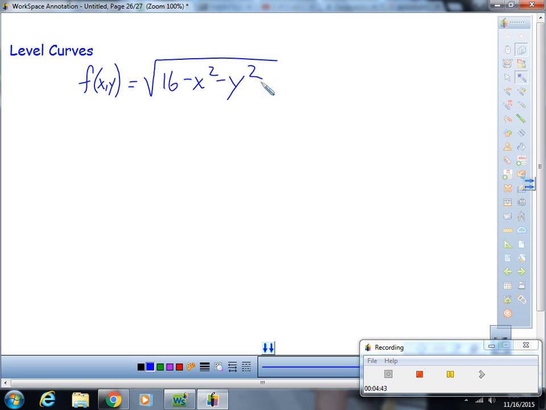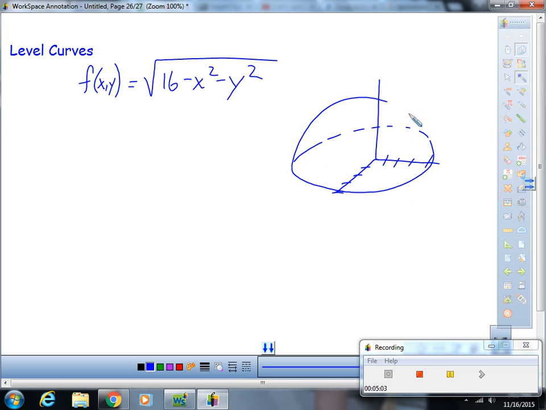This surface looks like this. Okay, that's what the surface looks like.